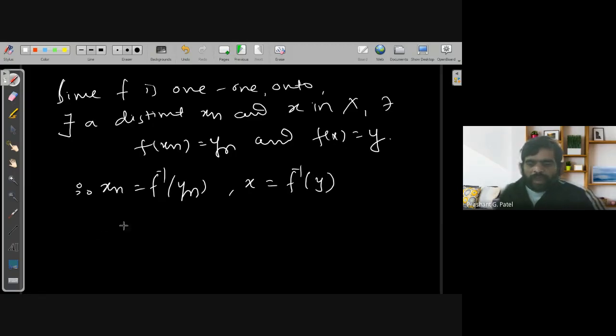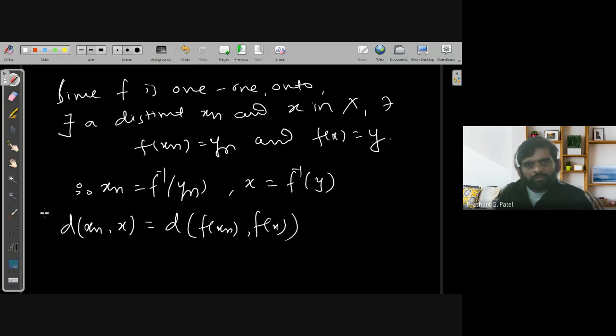By isometry, the distance between xn and x is the same as the distance between f of xn and f of x, as f is an isometry. That is our assumption.